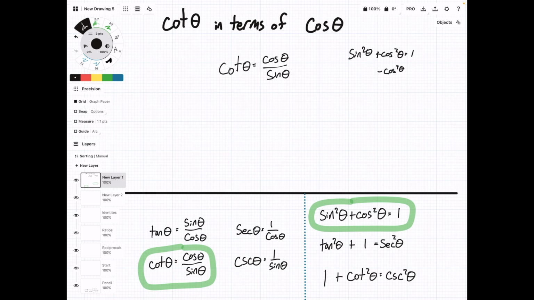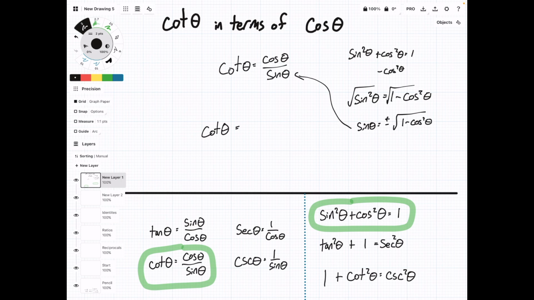So subtract this across. Sine squared theta equals 1 minus cosine squared theta. And then we're going to take the square root. Sine theta is equal to plus or minus the square root of 1 minus cosine squared theta. Alright, then we're going to plug this in here, and finally we get cotangent theta is equal to cosine theta over plus or minus the square root of 1 minus cosine squared theta.